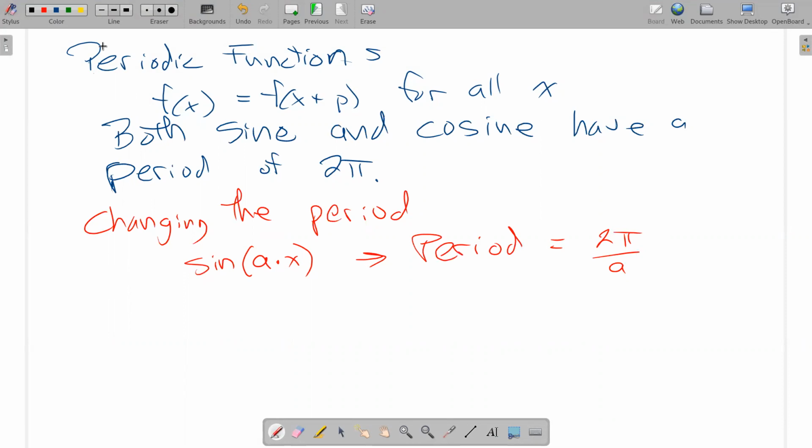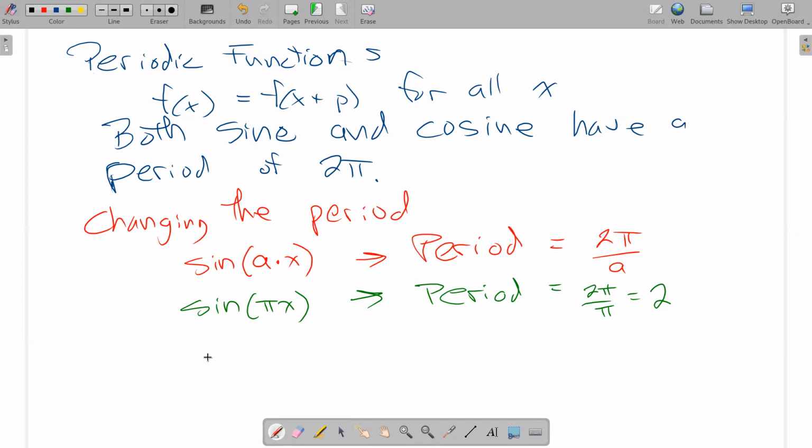So for example, earlier we looked at the function with sine of pi times x. According to this relationship, because of the backwards effect of horizontal transformations, that's 2 pi over pi, the pi's divide out, and I get a period of 2. And remember, we did see a period of 2 for that function in a previous example.